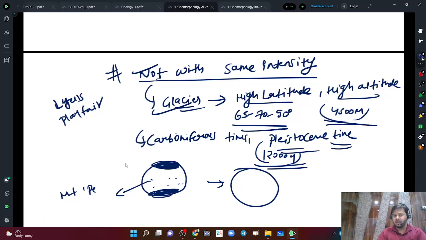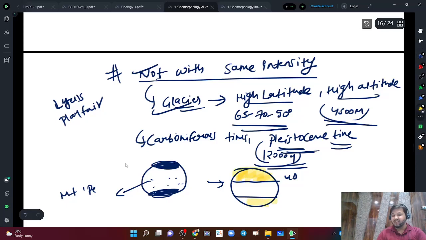But in glacial ages, in the Carboniferous and in Pleistocene time, the glacial activity was up to 40 degrees. All these areas were glaciated. So the intensity of glacial activity was huge in these two time periods. So whatever is happening today happened in the past, but the intensity has been different.